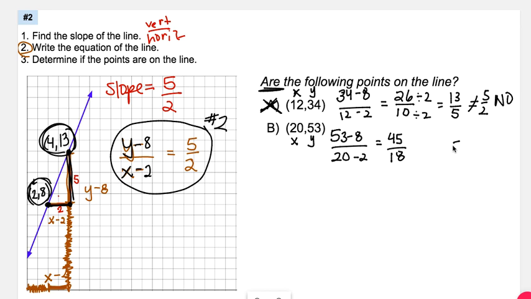I need to see if this equals 5 over 2. That's my goal. If I can make this fraction equal 5 over 2, then I know it's on the line. So what do I need to do to 18 to make it equal 2? Well, 18 divided by 9 is 2, and 45 divided by 9 equals 5. Yes, those are equivalent. So B is a point on the line.